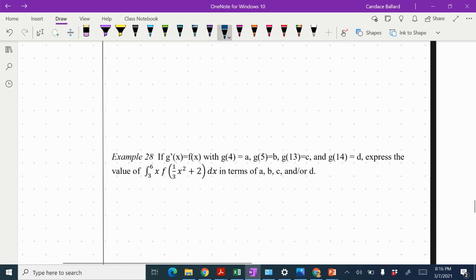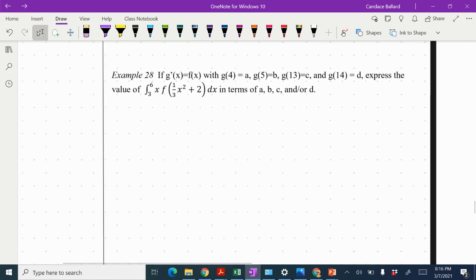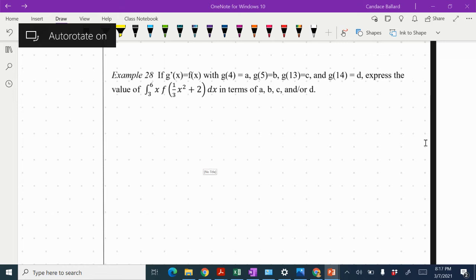All right, let's take a look at example 28. So in example 28, it's a little bit different, a little bit weirder, more AP-esque. We're going to be given that g prime equals f of x, with g of 4 equal to a, g of 5 equal to b, g of 13 equal to c, and g of 14 equal to d.